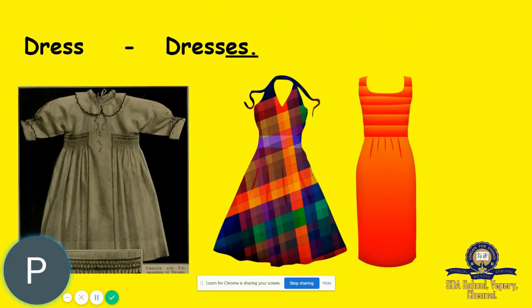Now we are going to see about double s. So in the first image you can see a dress. When we say a dress, it is a singular. In the next image you can see there are two. So if we have two or more than two, then it has to be pronounced as dresses.